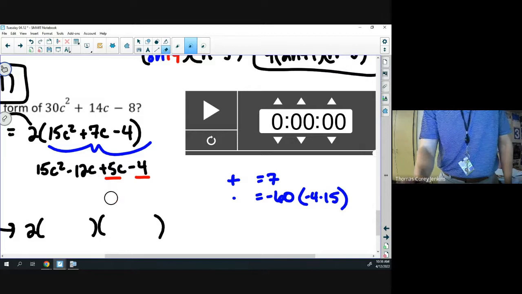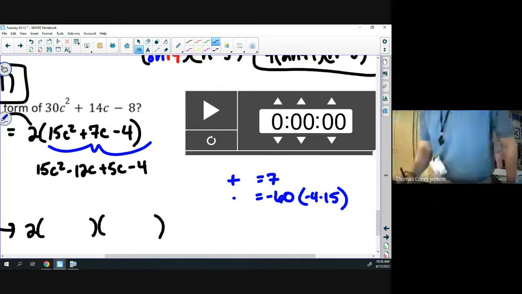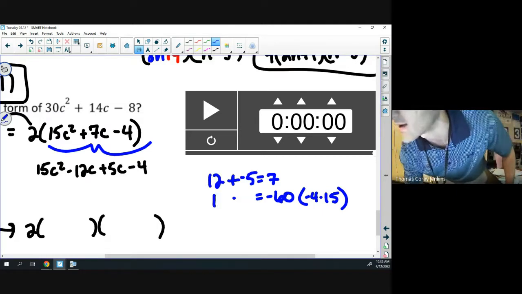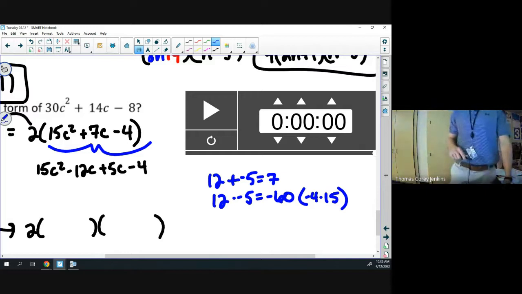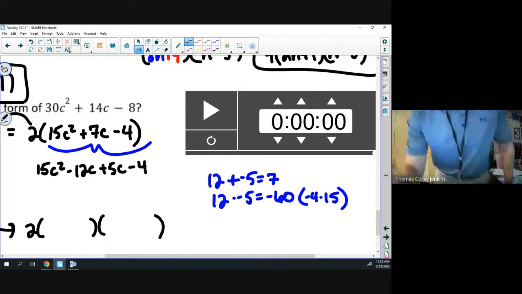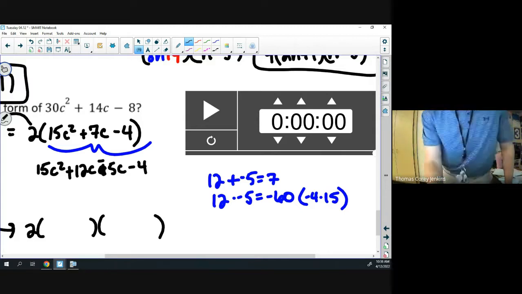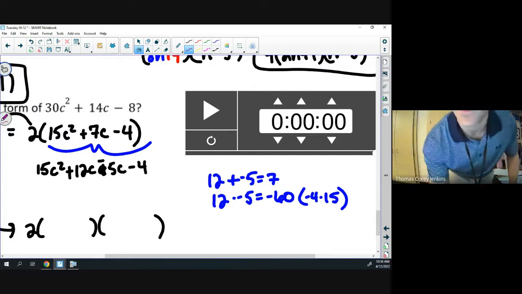It should be positive 12 because it adds to +7. So the 12 should have been the positive. Thank you, Kylie, for catching that early on, not letting me get too far till I found my mistake. So I'm going to change this to a plus sign and this to a minus sign. All right, and again, thank you. So that'll make our signs work better.